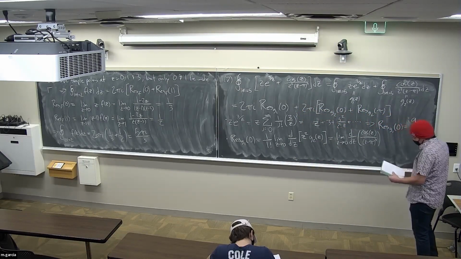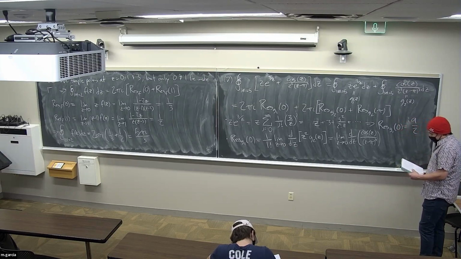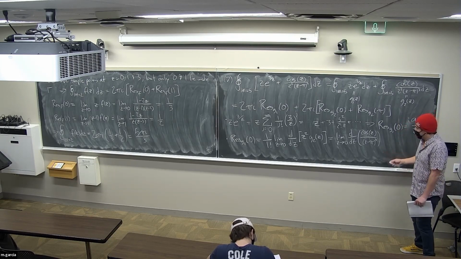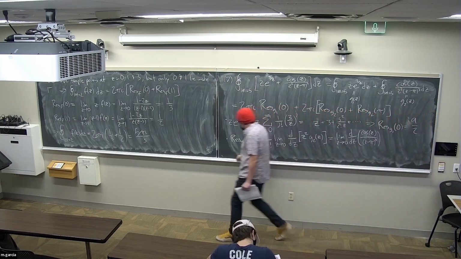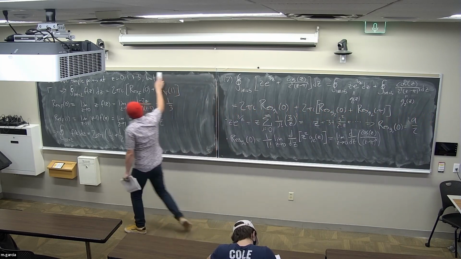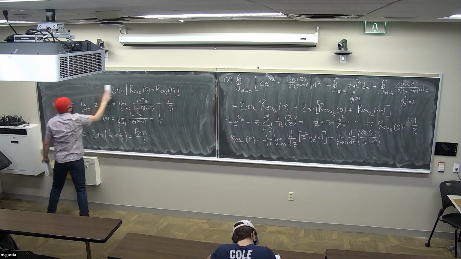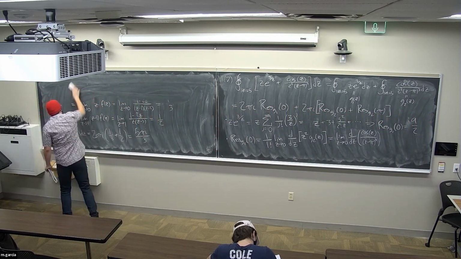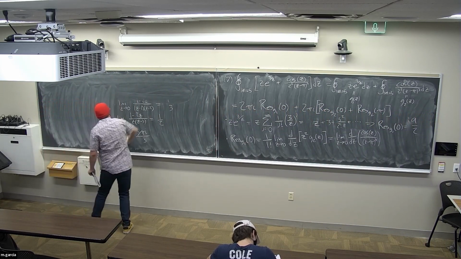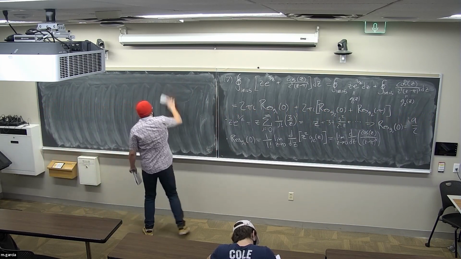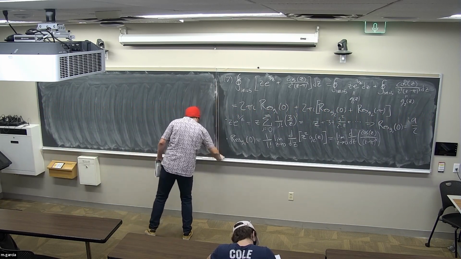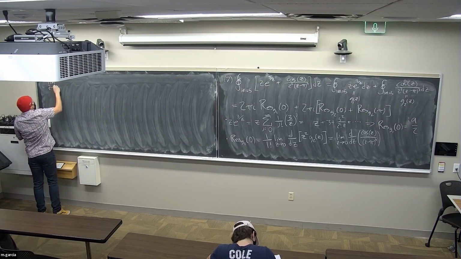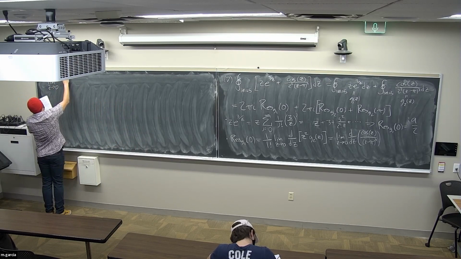Okay, so here's probably the hardest thing about making this computation. You have to apply the quotient rule here. Okay. What do we get from applying the quotient rule? I'll just tell you.